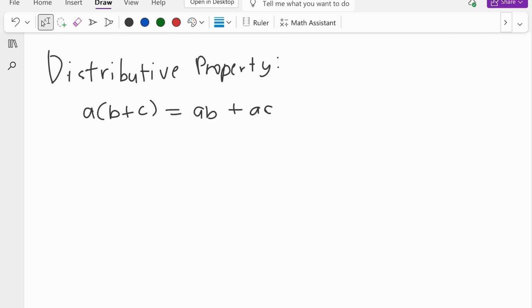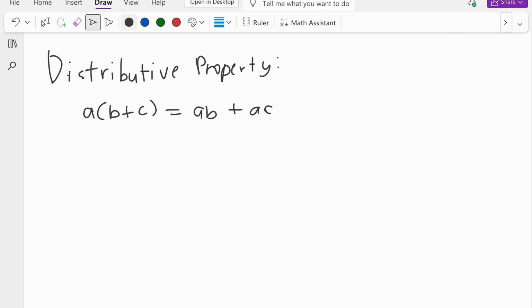Now, one of the first things that you should understand, and whether you learned it or not, you should still be reviewing it, is the distributive property. You'll see in a moment that FOIL is just an extension of the distributive property twice. That's a little bit of a spoiler, but we're going to state it again.